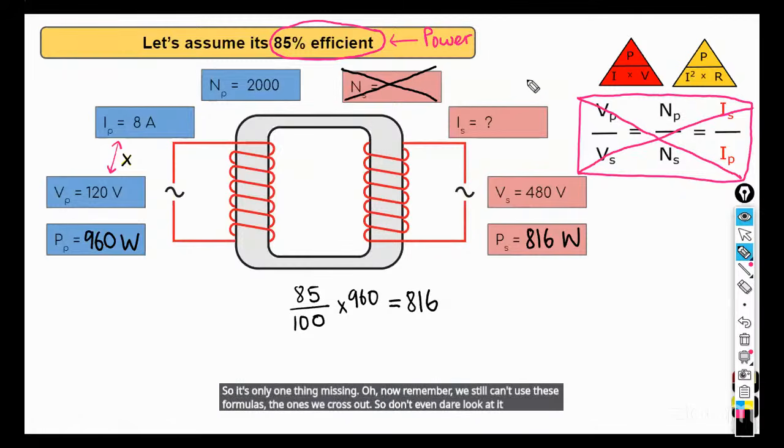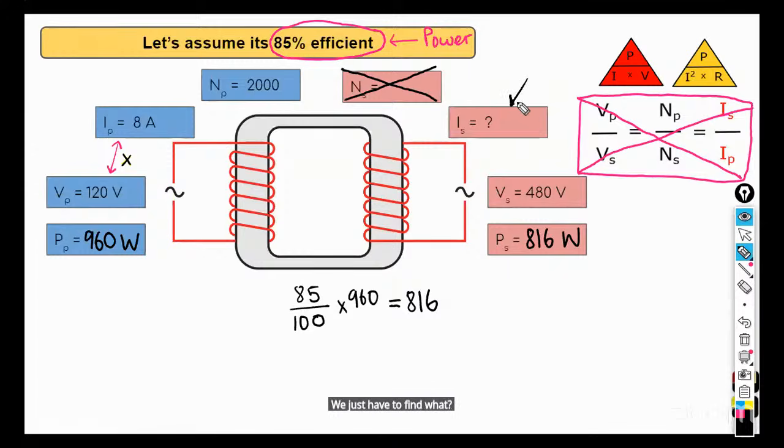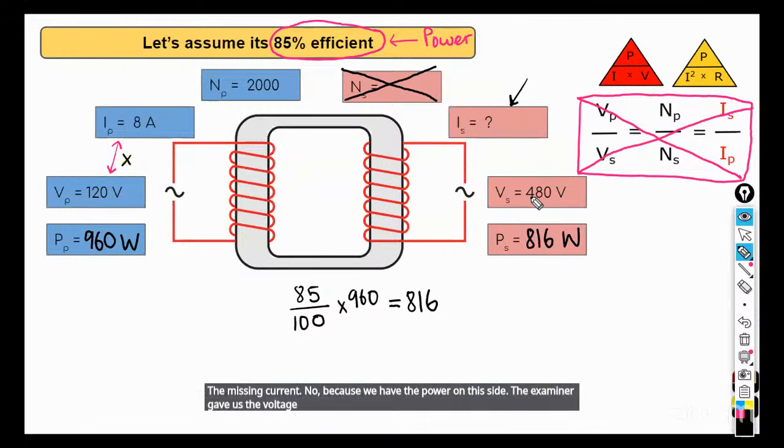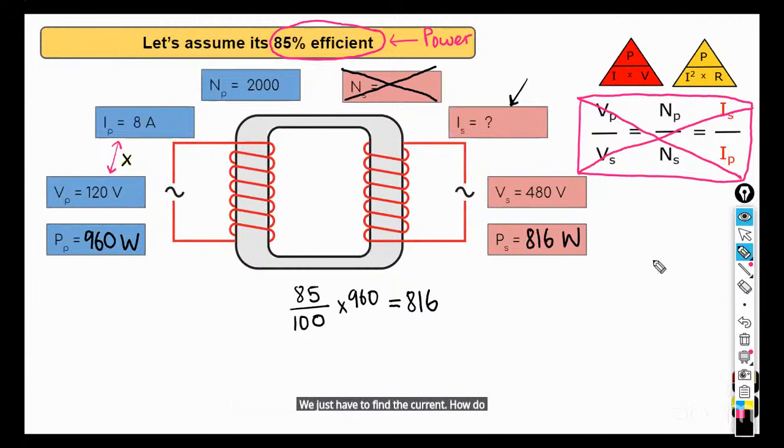We just have to find what? The missing current now, because we have the power on this side. The examiner gave us the voltage. We just have to find the current. How do you find current? To find current, you just take power and divide it by voltage. Remember last week I showed you how to use this?